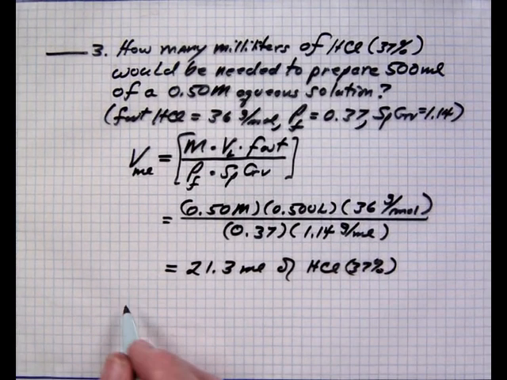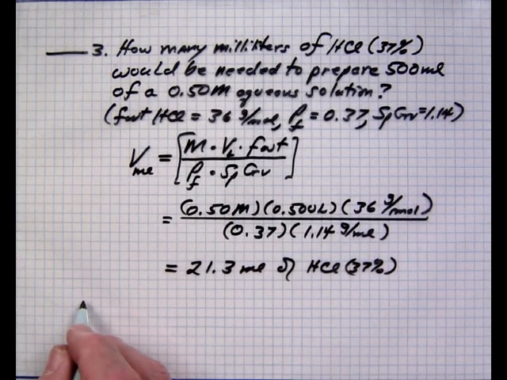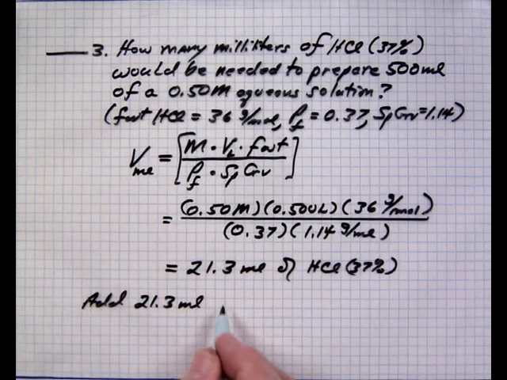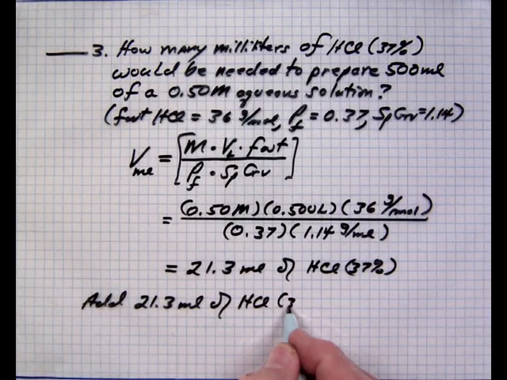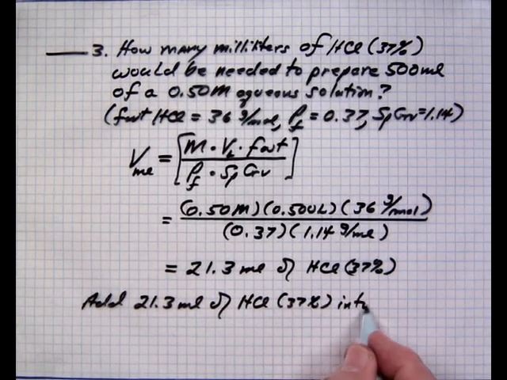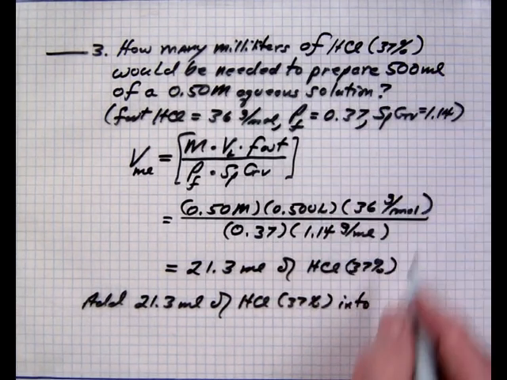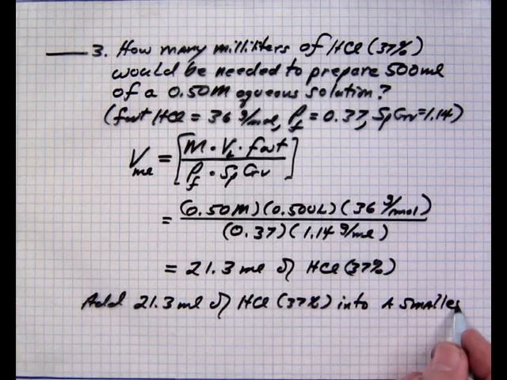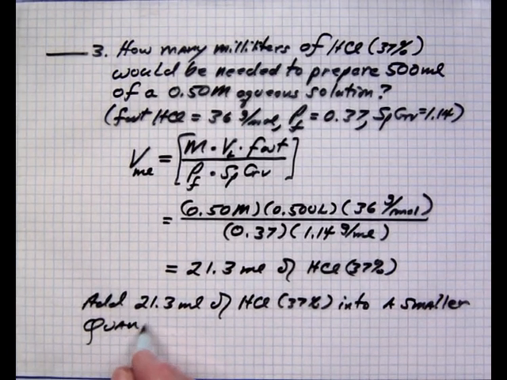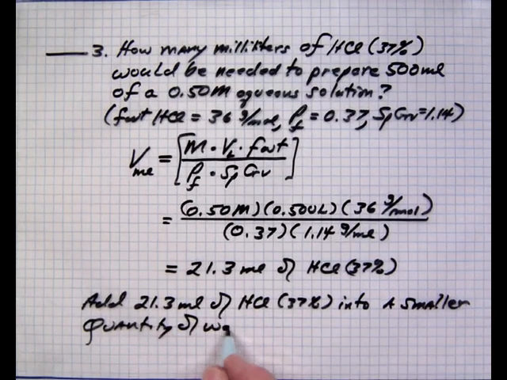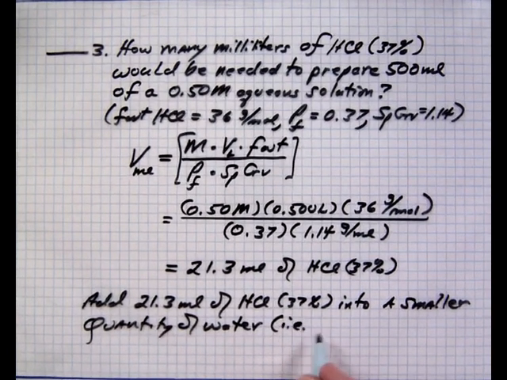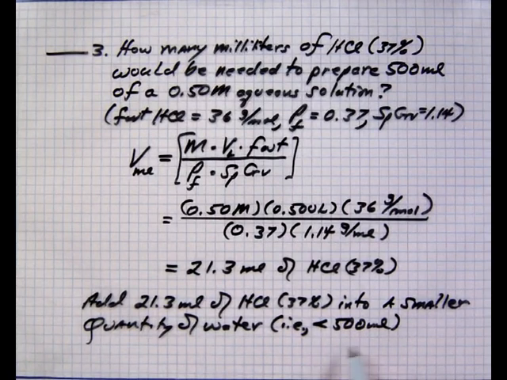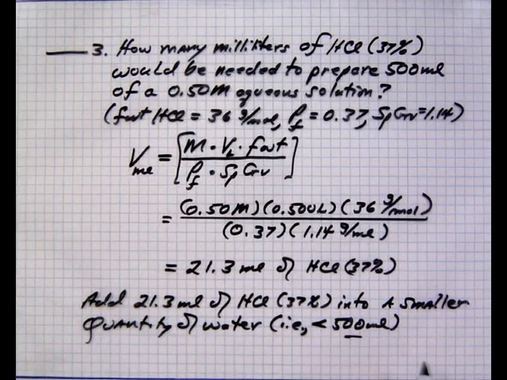Now, in the preparation of solutions, note, add 21.3 milliliters of HCl 37% into a smaller quantity of water, less than 500 milliliters. I'd use 300 milliliters. Anything less than 500.